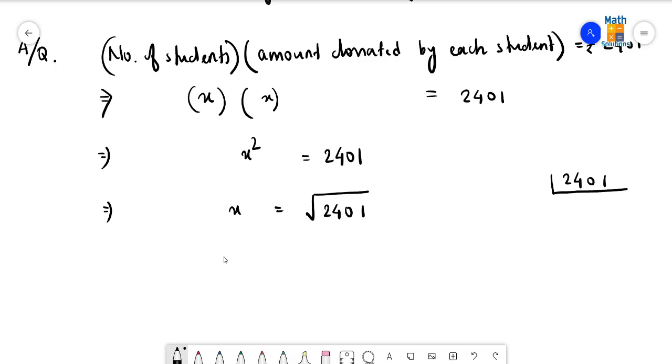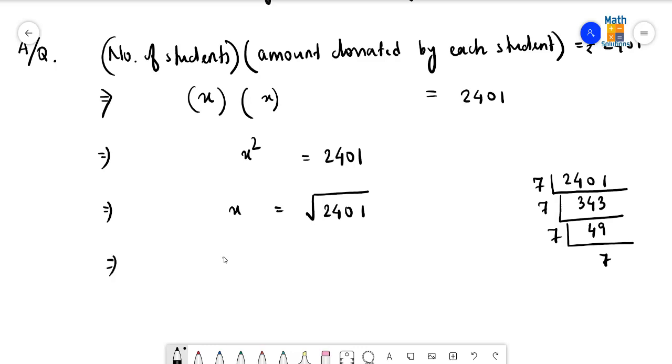By 7, if we check, yes, it is divisible by 7, because 7 3s are 21, then 3, 7 4s are 28, then again 3. Then this number is further divisible by 7. So I get 7 4s are 28, then 63, 7 9s are 63, and this is again 7.